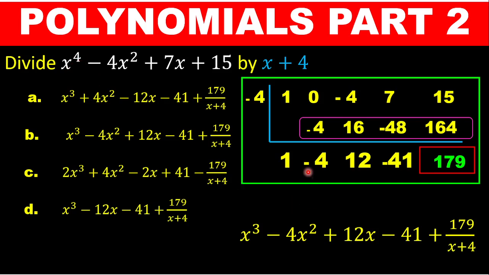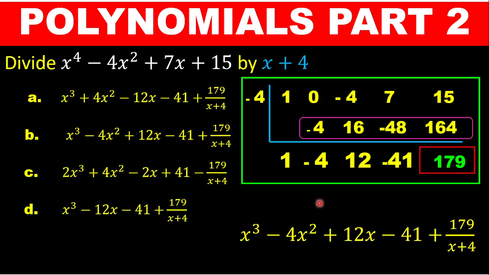So it means this one will take a degree of x to the power 3, x to the power 2, x to the power 1, and here there is no x. So adding x to the power 3 to this, we are getting x cubed. And then adding x squared to minus 4, we are getting minus 4x squared. And then adding x to this, we are getting 12x, and then minus 41.